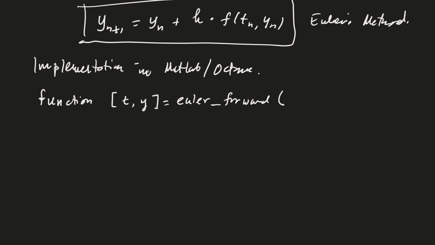And then the inputs to Euler forward are going to be these things, right? I need to know the function f, I need to know the step size somehow, and I need to know what the time values are. So I'm going to have my f there, my initial time, t init, y init, t final, and then let's say I'm going to pass in the step size h, because a lot of the homework we pass that in as the step size.